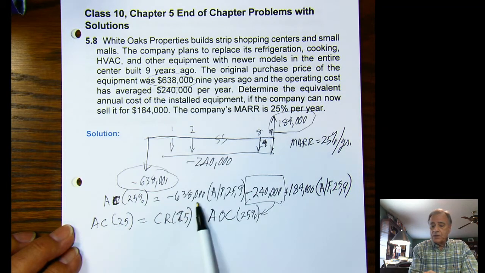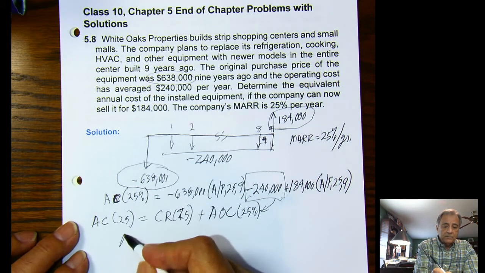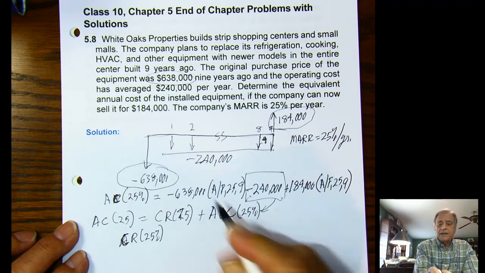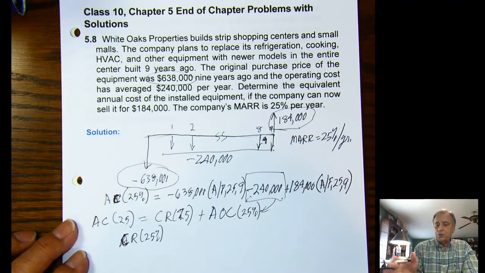So your annual cost of capital recovery, CR, at 25% is the price and the salvage value, those two items.